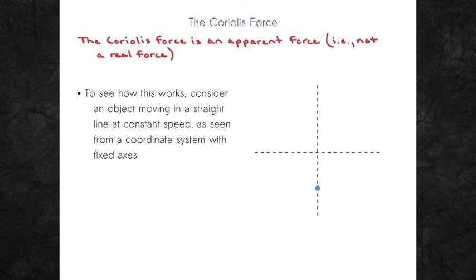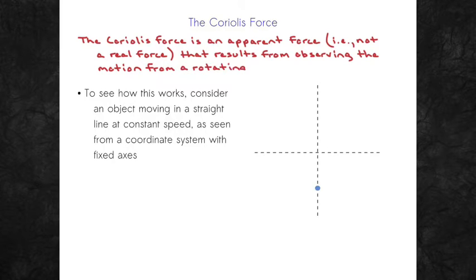And it's an apparent force that in this case results from observing a motion from a rotating vantage point. So this is something that arises when we observe motion from a rotating perspective. In this case, obviously, the rotating vantage point would be an observer on the surface of the Earth who is going around in circles.